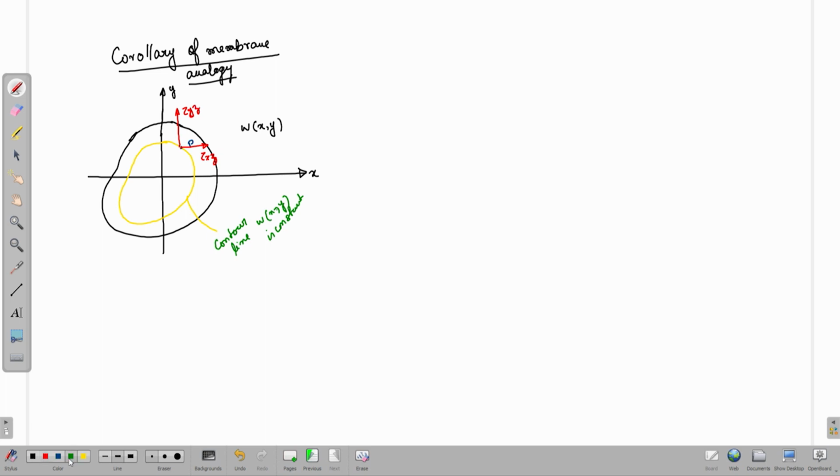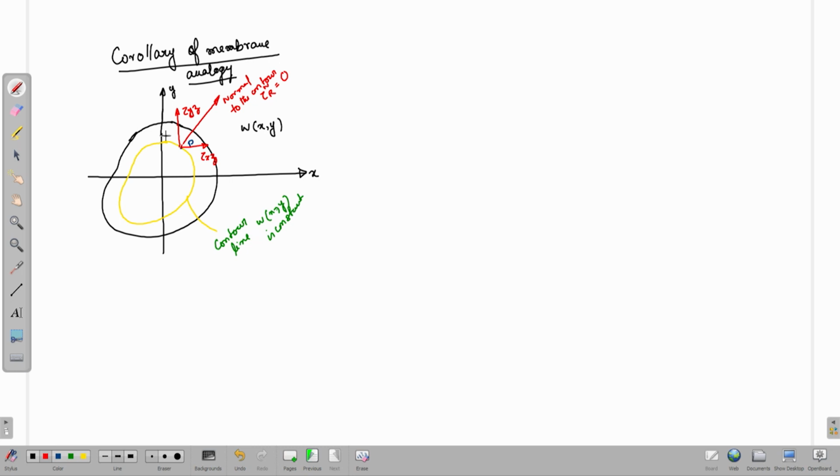Now, the beauty is that the resultant of tau x z and tau y z in the direction n, the direction normal to the contour, let me call it tau n subscript r, is equal to 0.